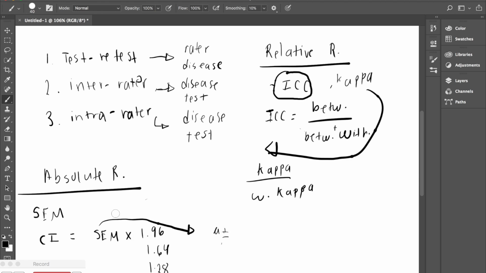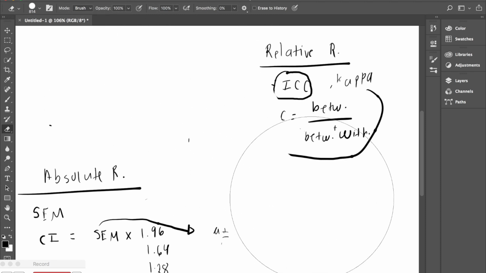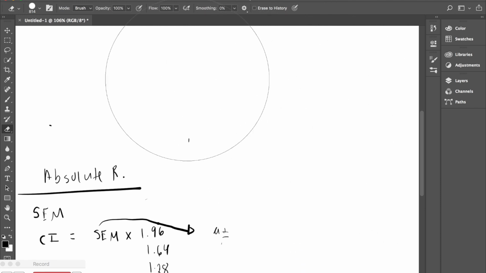Okay? And the way that we interpret this, let's, for example, just for the sake of this, say, let me just erase up here to give us some more space. Okay, so let's say that my true mean score was 5, and let's say that I'm looking for a 95% confidence interval.